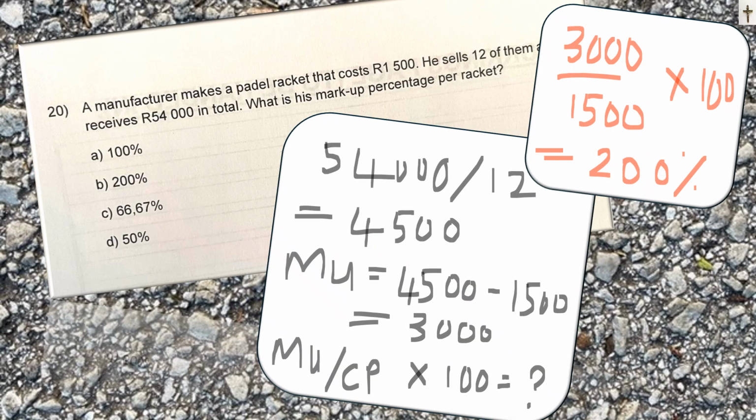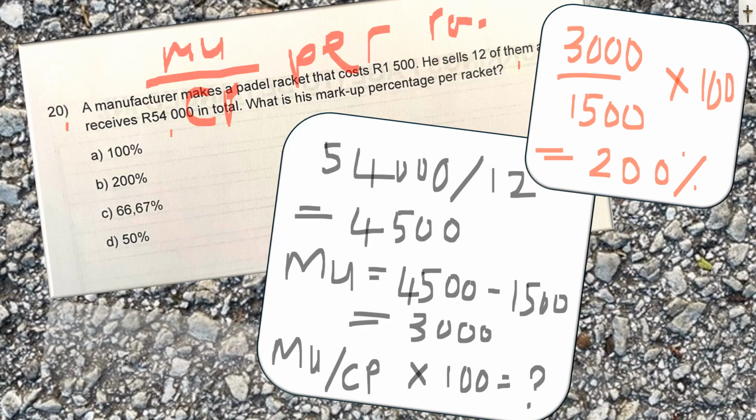And number 20, the last one. A manufacturer makes a paddle racket that costs 1,500 Rand. He sells 12 of them and receives 54,000 cash in total. What is his markup percentage per racket? Markup percentage is markup on cost price, but you want per racket for one.